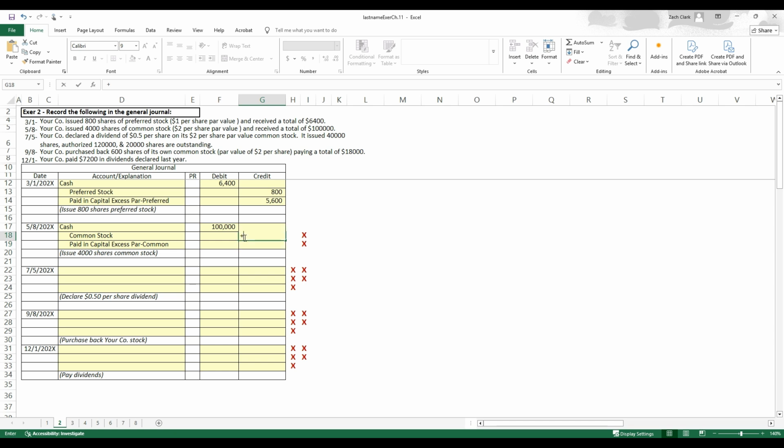In this instance, we have 4,000 shares times $2 per share par value, and then we just take the difference to get the paid in excess amount.